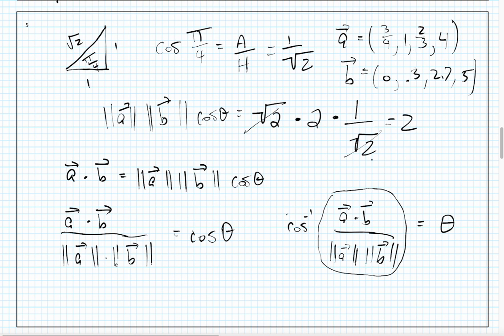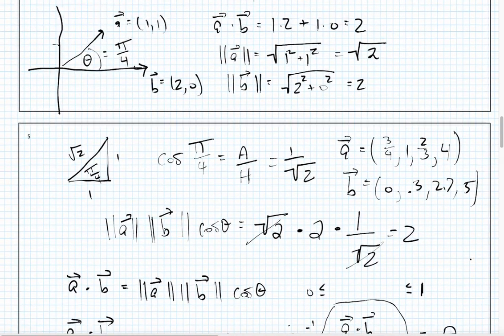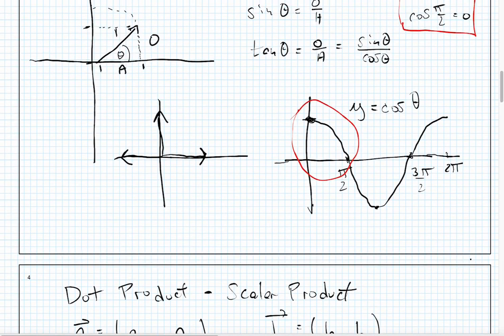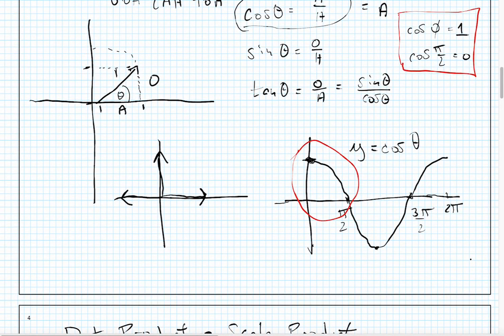okay? So in fact, what is going to happen over here is that this quantity right here that I've drawn is always going to be greater than or equal to 0, and it's always going to be less than or equal to 1. Well, I want you to go back and think about what that means here. First of all, we noted back here when we talked about cosine that the cosine of 0 is 1, and the cosine of pi over 2 is 0.